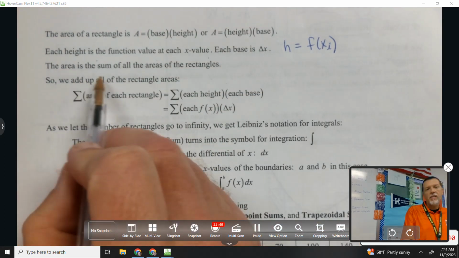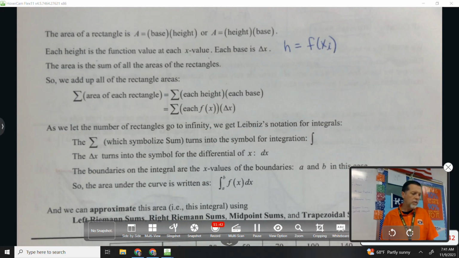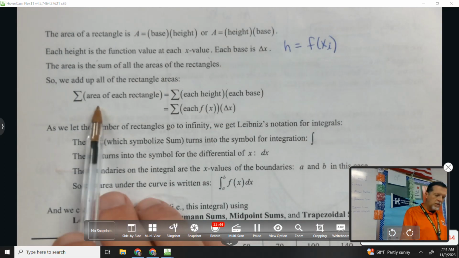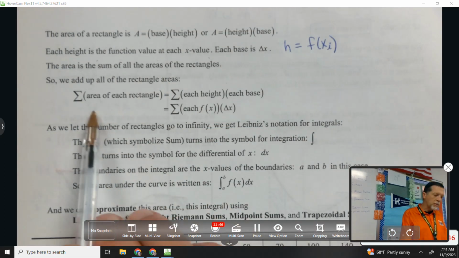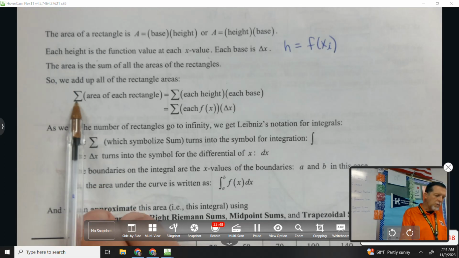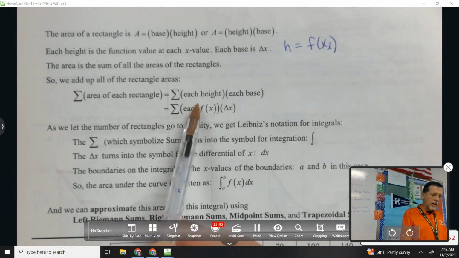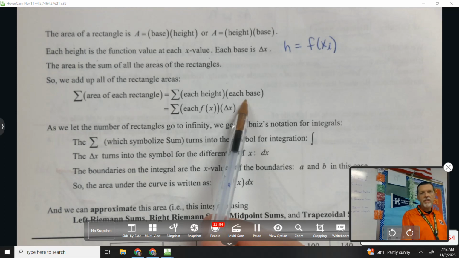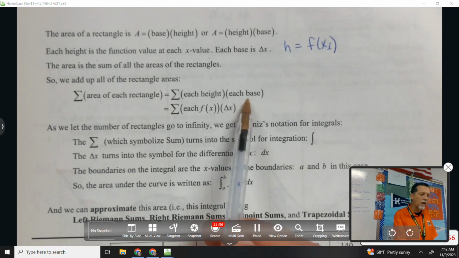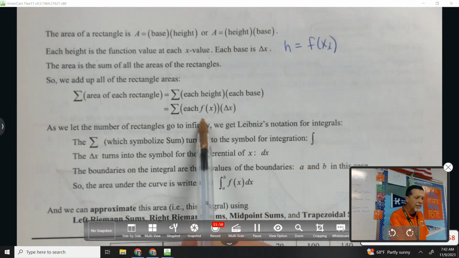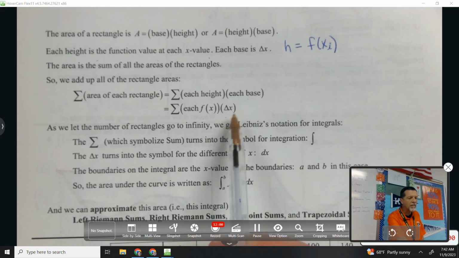And then the area is just the sum of all the rectangles. So we start building a math formula here. The sum of the area of each rectangle is the sum of each height times each base. Right? Because height times base is the area. Height is f of x, base is delta x. And so we start heading toward a more mathy looking formula.